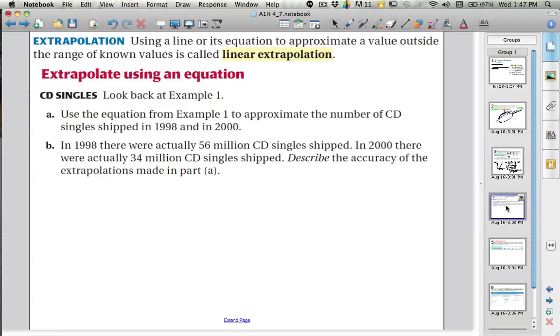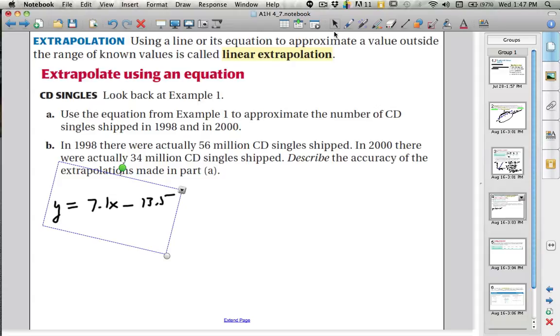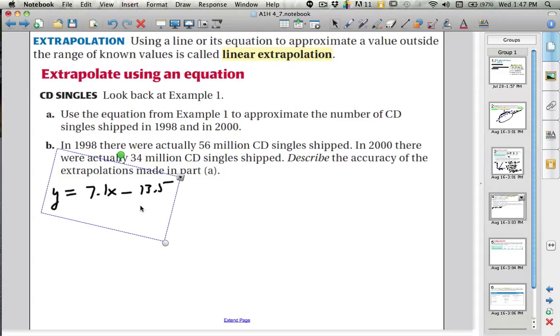I wrote it awfully crooked, but let me rotate it so it's flatter. There, that's better.